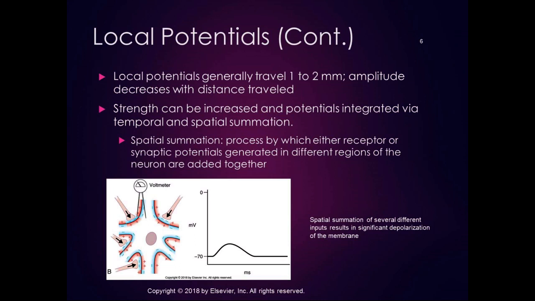So the strength can be increased and potentials generated by temporal and spatial summation. Spatial summation is where either receptor or synaptic potentials are generated in different regions of the neuron and added together. So we're getting input from a lot of receptors or a lot of other neurons, and all those added together create a larger potential for depolarization.